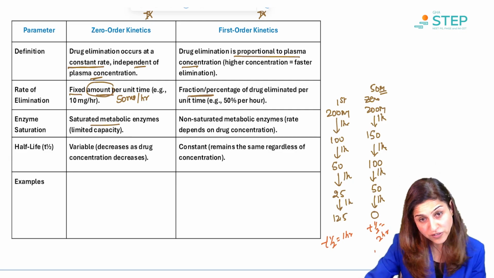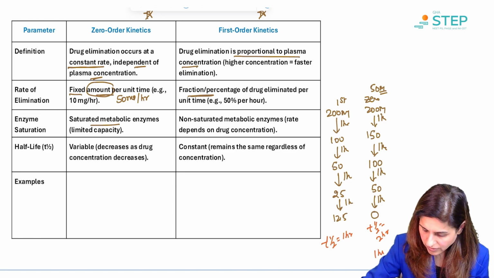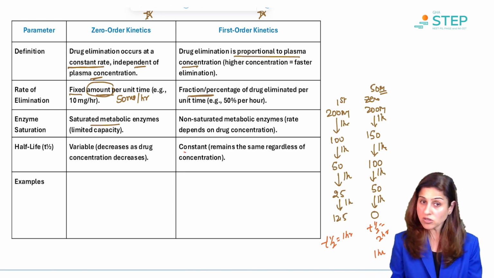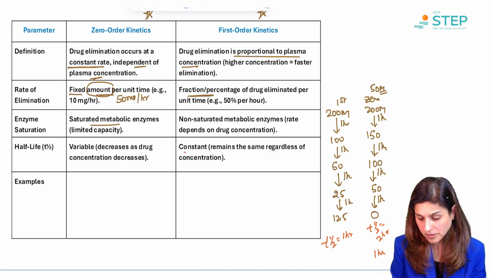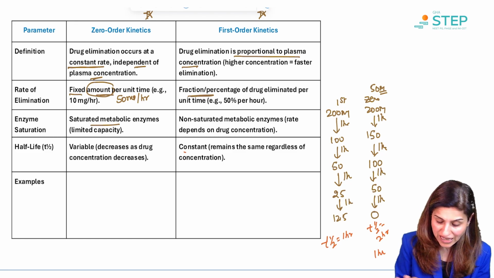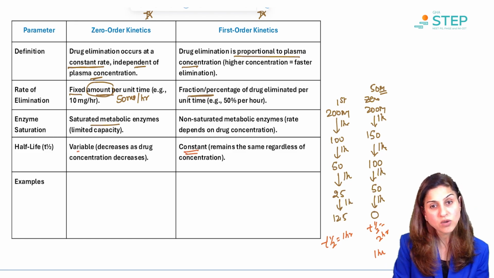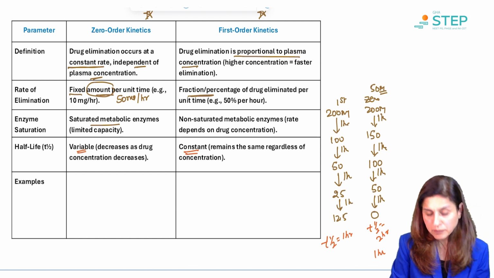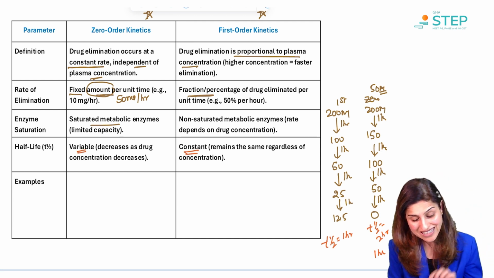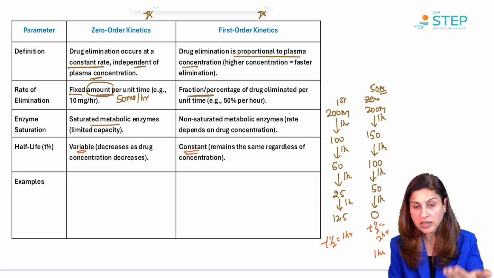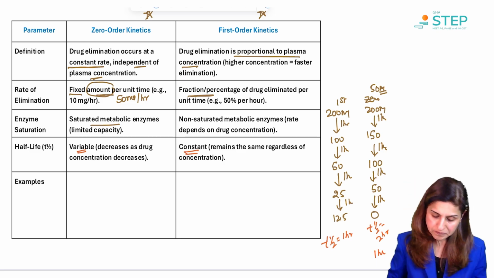From 100 to 50, it took 1 hour. So do you think the half-life is constant? No, the half-life doesn't remain constant here. So that is the difference. Half-life will always remain constant in first order, but it will be variable in zero order kinetics. If you increase the dose, again the half-life will vary.